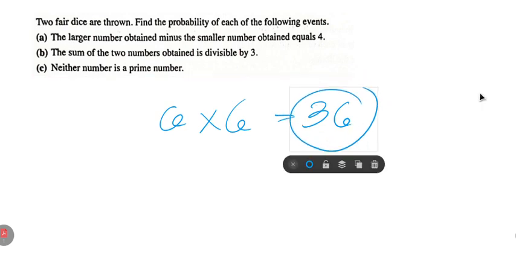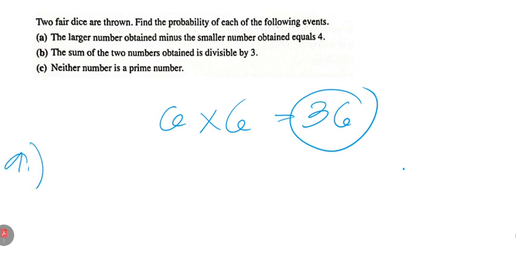Now, moving on, let's find the answer for A. The question for A is: the larger number obtained minus the smaller number obtained equals 4. For the difference between two dice to be exactly 4, we need to identify the pairs.